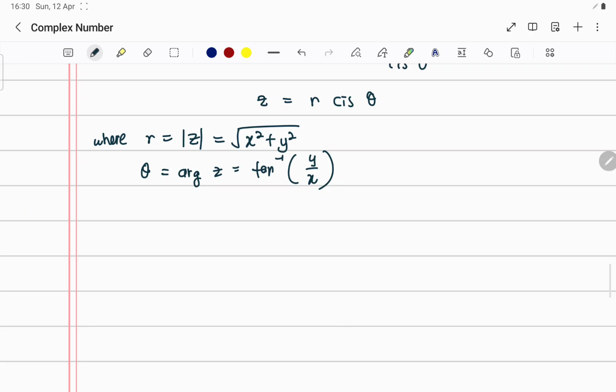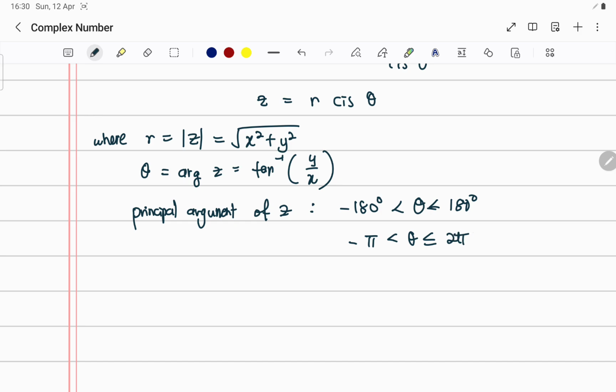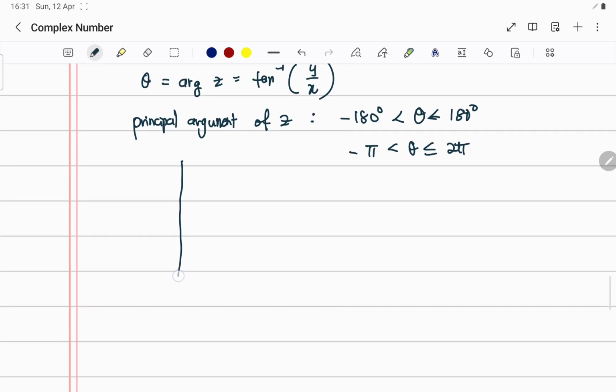And then here we have the principal argument of z, which is that the argument of z should be from negative 180 until 180, or you can change it into radians, which is negative pi to pi.